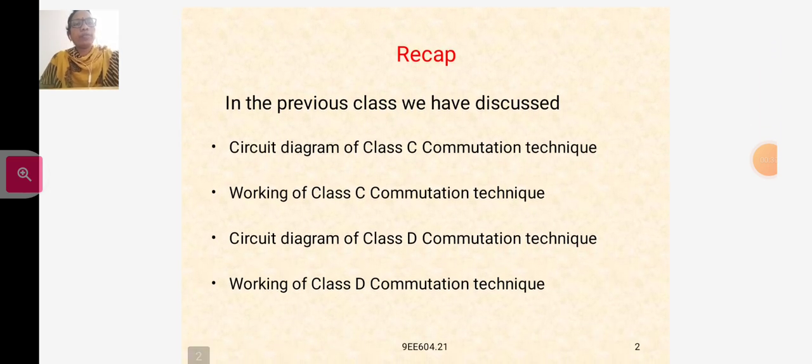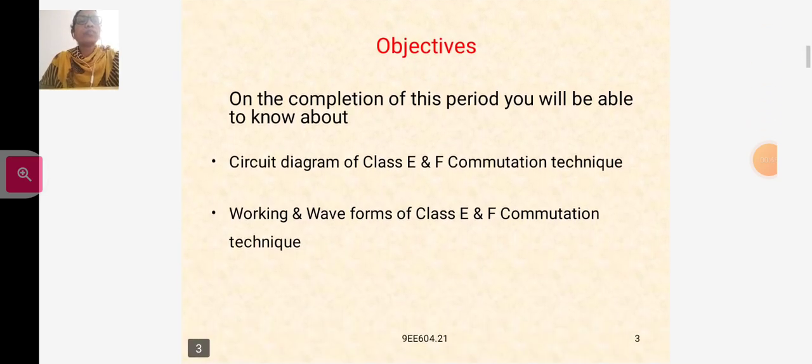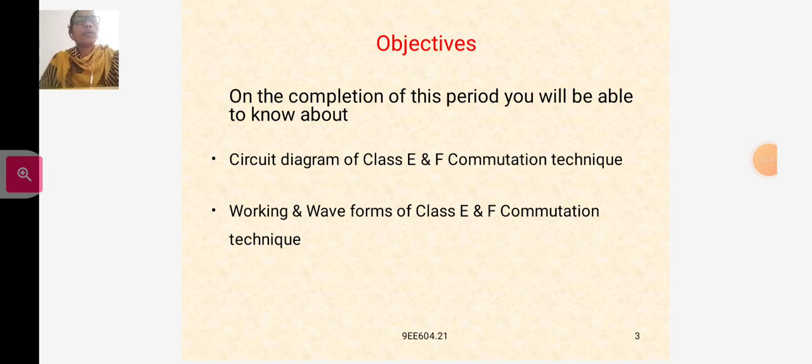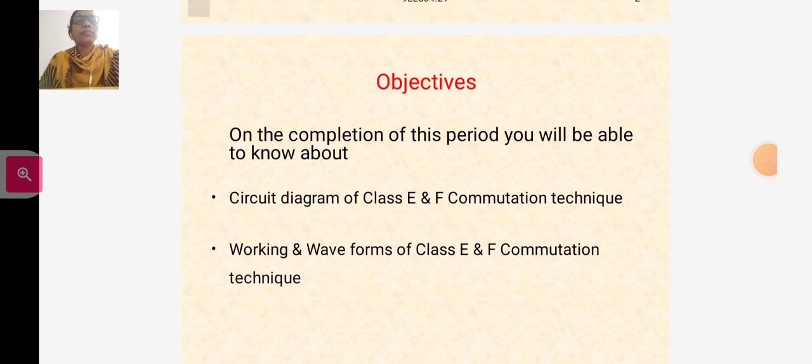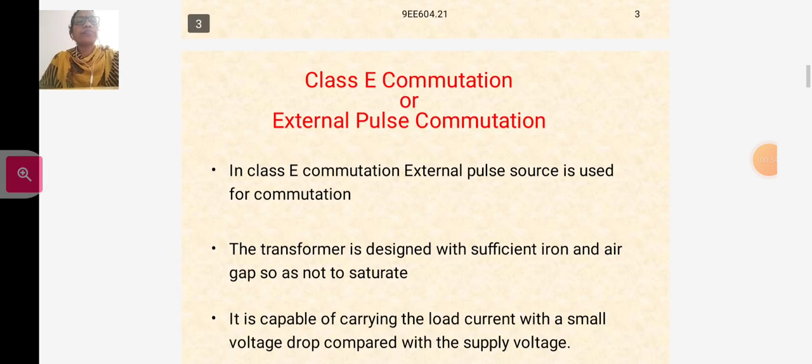So, in previous classes, we discussed class C and class D commutation. Today our topics are the circuit diagram of class E and class F commutation, and the working and waveforms of class E and class F commutation.